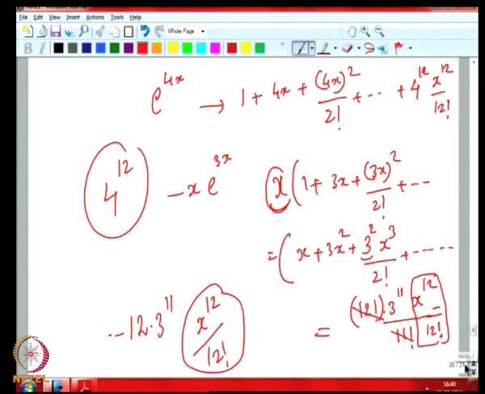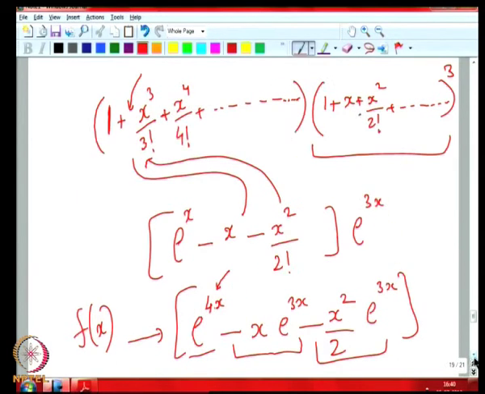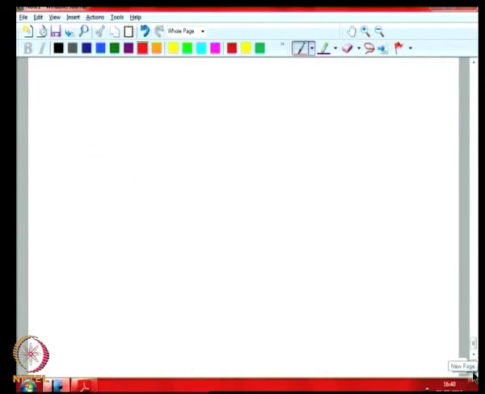Now last term is this x square by 2 into e raised to 3x, right. So as usual this is minus x square by 2 into e raised to 3x.